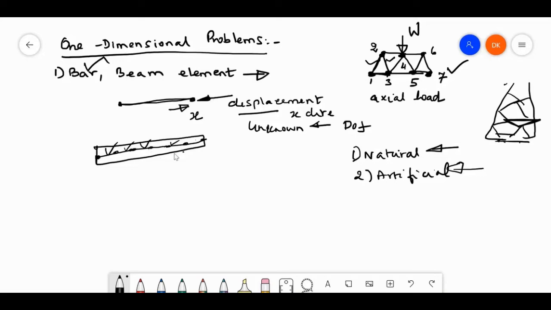Whereas in the solid rod, I am subdividing it into a number of elements, and then there are a number of nodes. This is artificial discretization, and that is natural discretization. Here also you can use the bar element, and it will take only the axial load.